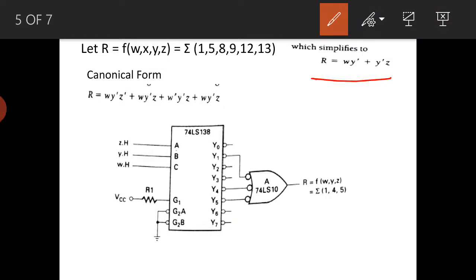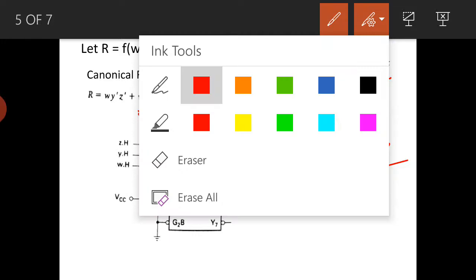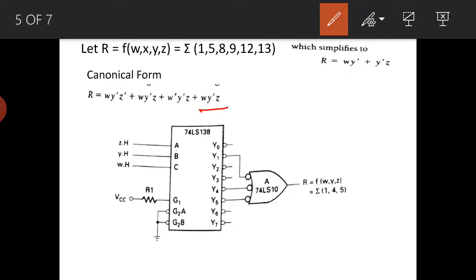Here we have the same term twice, y bar z and w y bar z. We know the postulate x plus x equals x, so we can write only one term. So totally there are three terms: w y bar z bar, w y bar z and w bar y bar z.